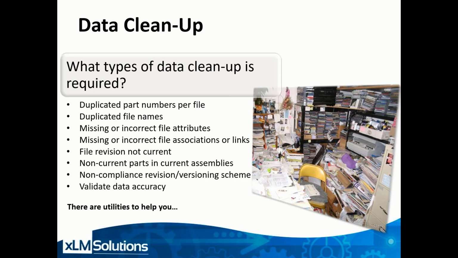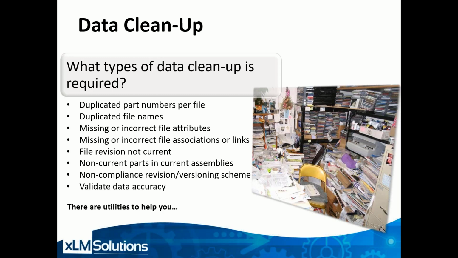So duplicate part numbers per file. You have two different files, but they both are pointing to the same part number. Do they truly represent the same part number, or did someone create the same part number twice, but they're really two different parts? Duplicate file names.